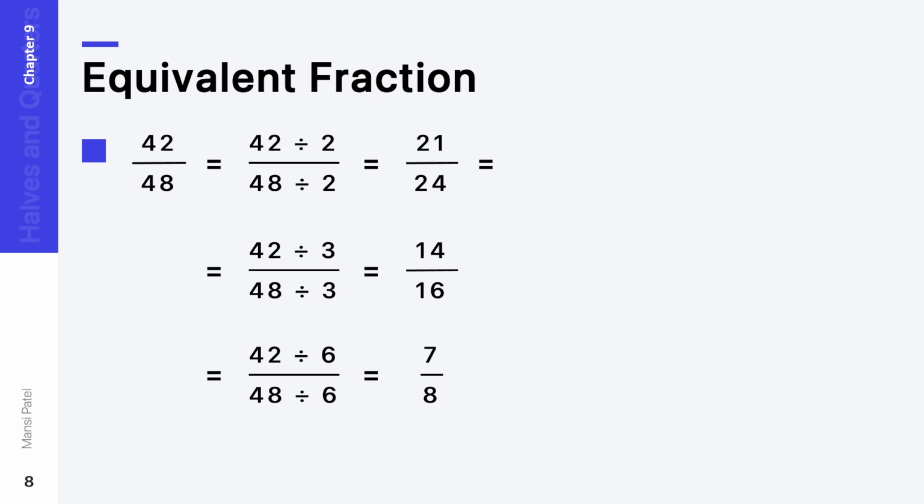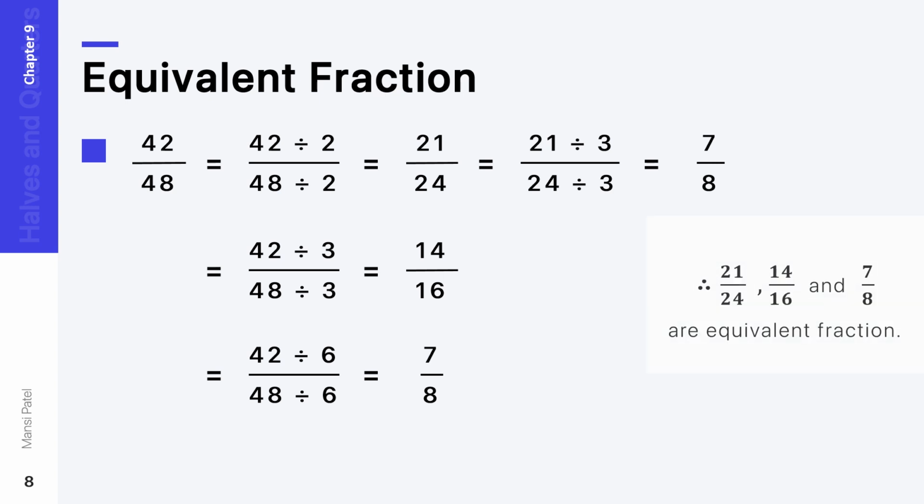Now see the first number, 21 upon 24. If you remember that both numbers are in the table of 3, then you can divide by 3. 21 divided by 3 and 24 divided by 3. 21 divided by 3 is 7, and 24 divided by 3 is 8.